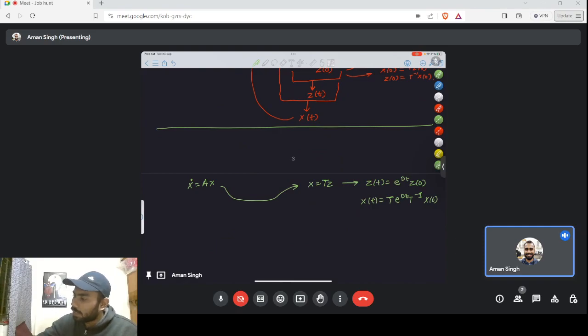So whenever you see a system like this, you should jump directly to this solution, because e to the power Dt is simpler to calculate.